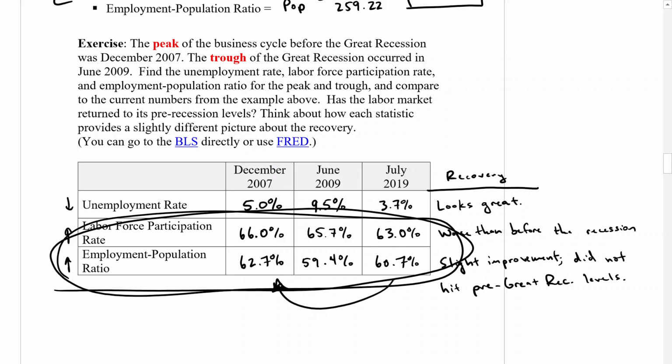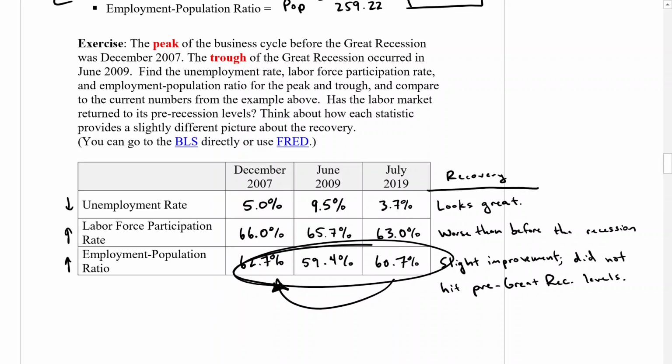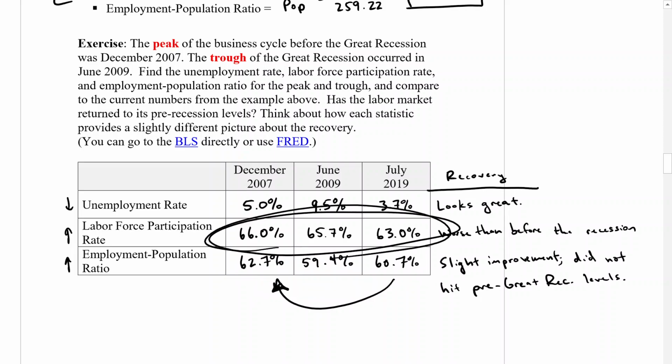And yes, in one case, the employment population ratio, we recovered a bit from the Great Recession, but we still didn't meet those pre-recession levels. And then the labor force participation rate is even worse. So it's really important not just to look at the unemployment rate, but also these other labor market statistics.